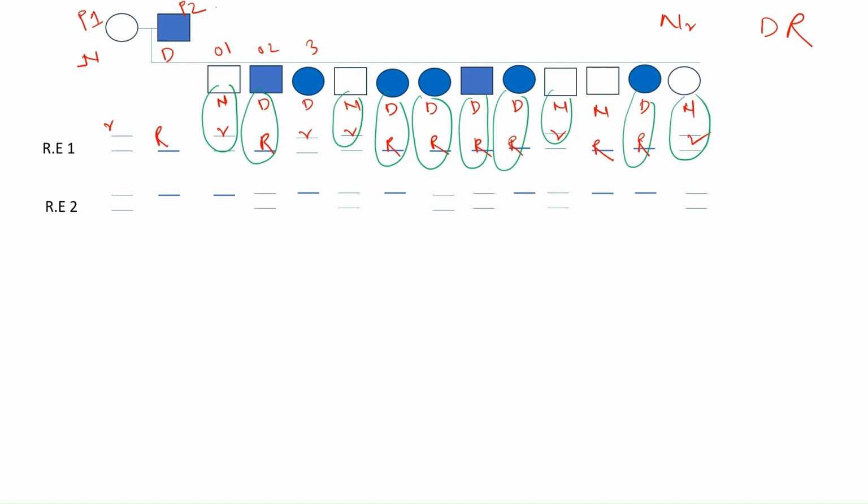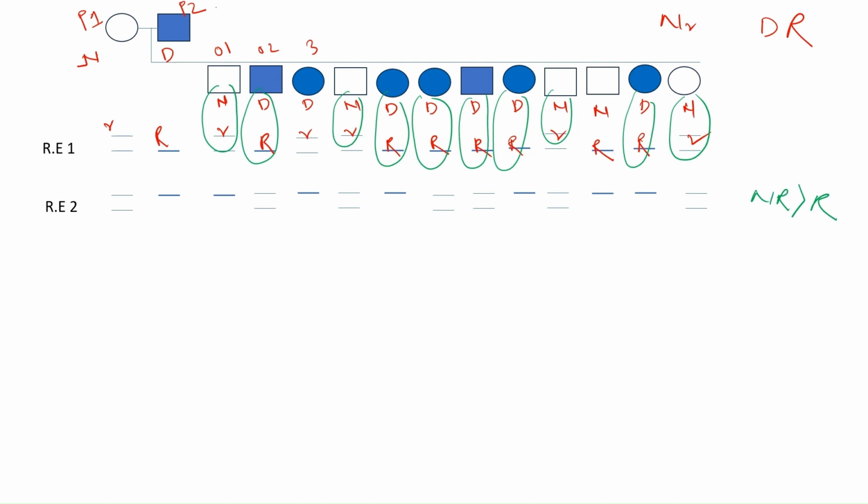So what we can get? Even in case of linkage, we know the number of non-recombinants is always more compared to the number of recombinants. So here we can see that parental types are more, that means non-recombinants are more and recombinants are less. Two are recombinants, which are without circle.